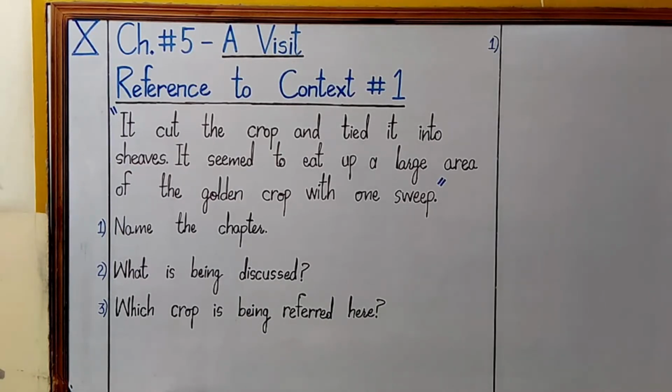For your memory, I would like to take you through a little review of reference to context, how it is to be done. In the very first lecture on reference to context, I explained that the answer to each question should justify 2 marks, because this question in your examination will carry overall 6 marks, which means each of these 3 questions will carry 2 marks.